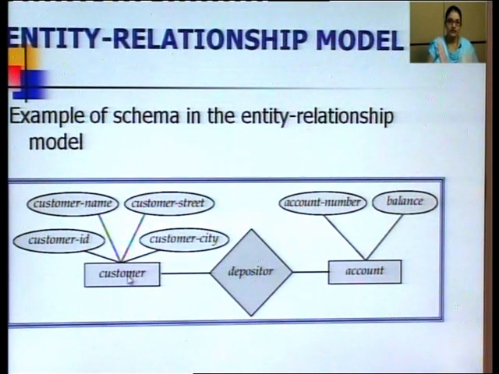Customer is an entity having attributes customer ID, customer name, customer street and customer city. Similarly, account is an entity having attributes account number and balance. So these two entities are associated by the depositor relationship.